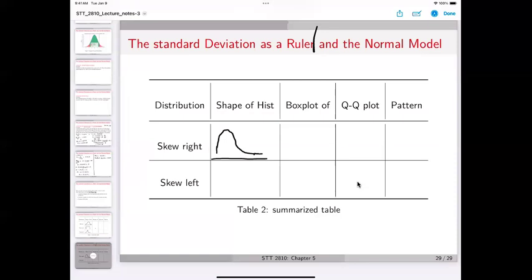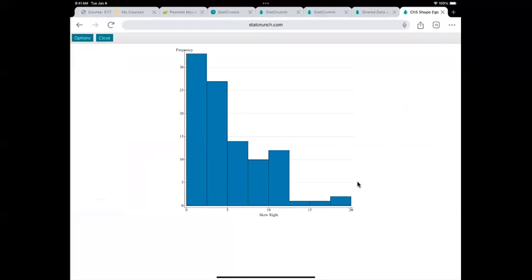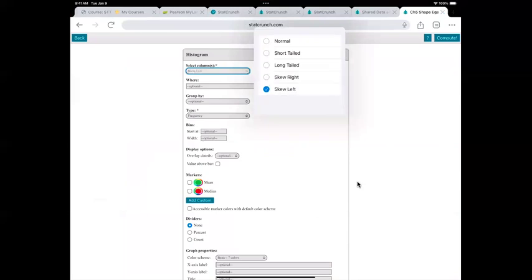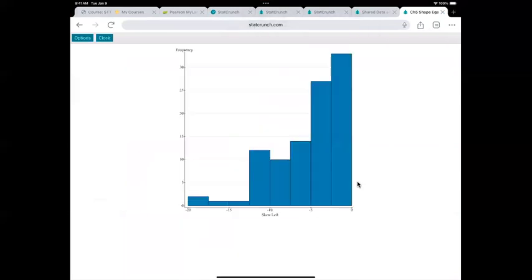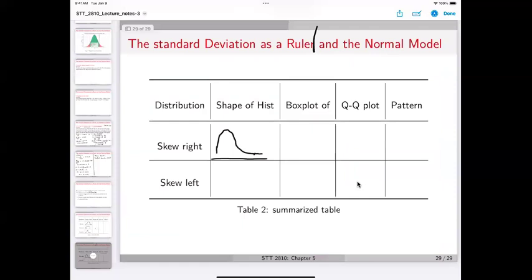And then let's do that for the left skewed. We go to edit and then you choose left skewed, and then we hit compute. You see the left skewed, the tail is to the left. Is that okay? These are key things that you should be able to see and tell straight away. The left skewed is like the opposite of the right skewed. So it's like this.